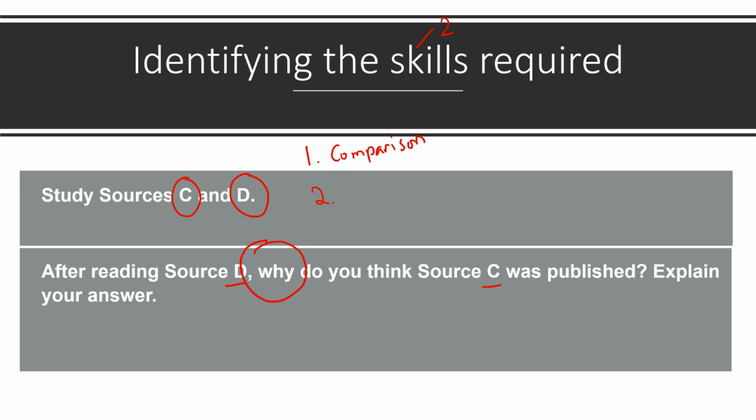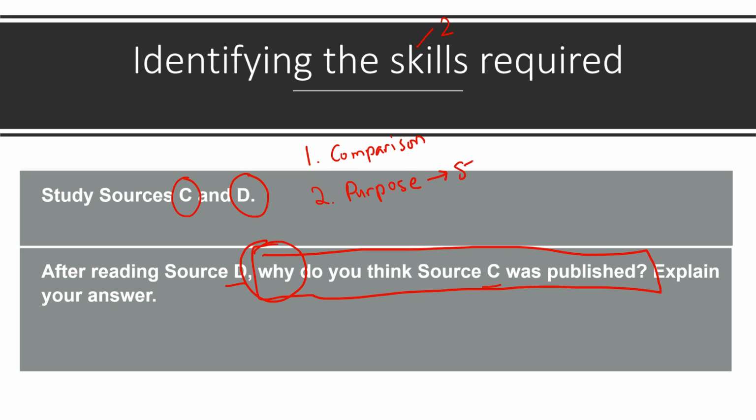Why is a type of question that you have seen before. If I break out this particular segment of the question, it is a purpose question: why do you think source C was published? So the second skill set that we will be using is answering a purpose question.